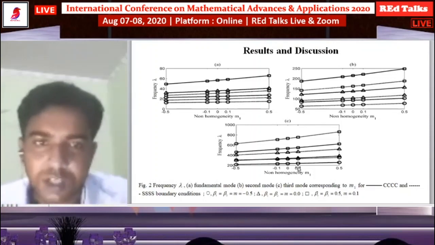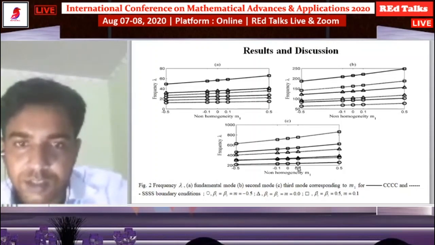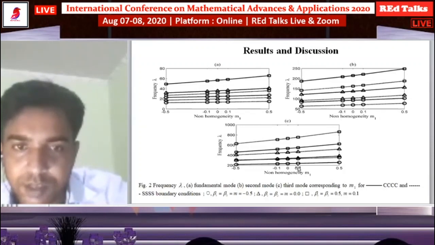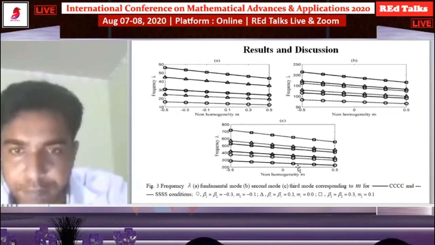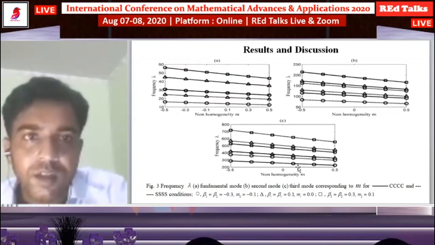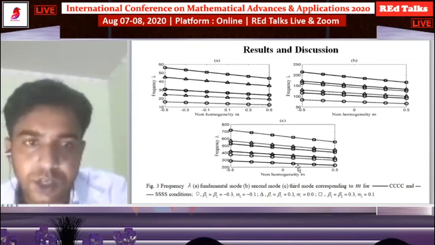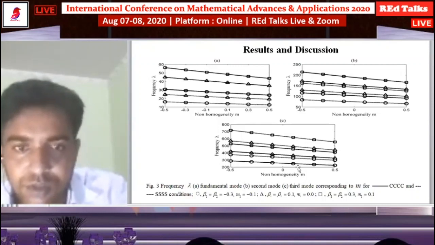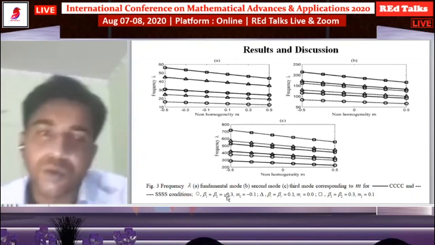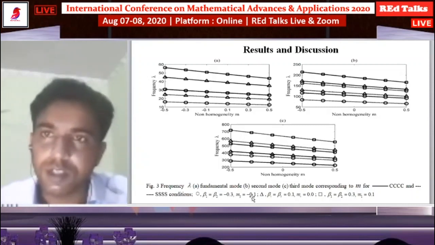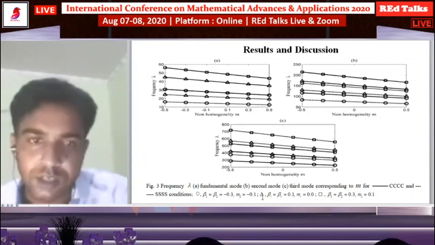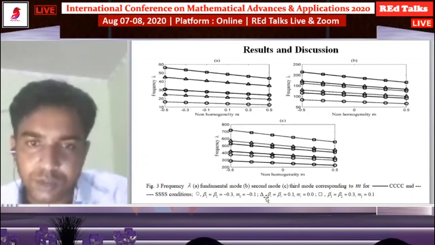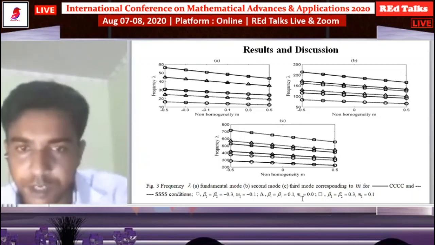Here we have three conditions, and we have chosen different values for beta 1, beta 2 and M. In this figure we take other values for beta 1, beta 2 and M. In the first condition, beta 1 equals beta 2 equals minus 0.3 and M1 equals minus 0.1.